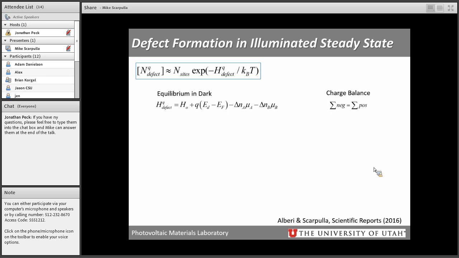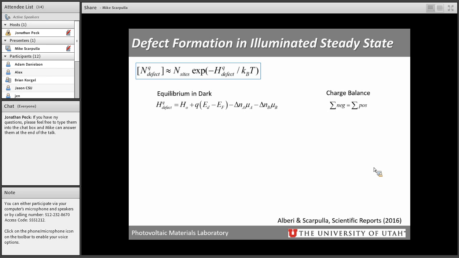The enthalpy of formation has a second term in that sum, the defect energy minus the Fermi energy, and that occurs for charged defects. So you solve this massive system of equations, one for each type of defect, and you impose charge balance.